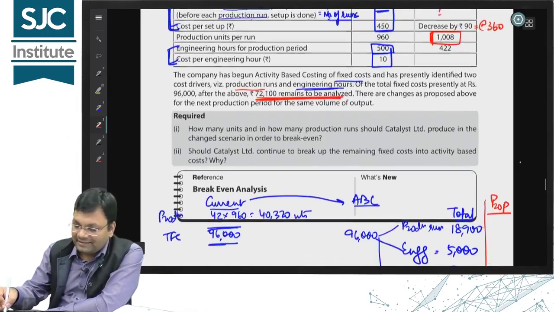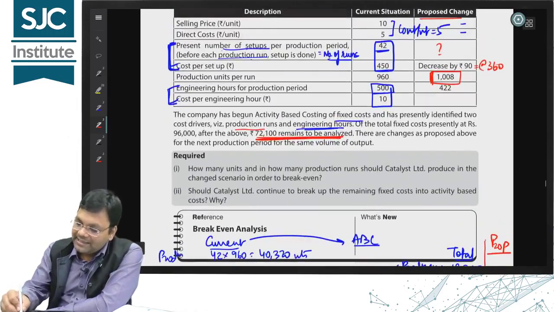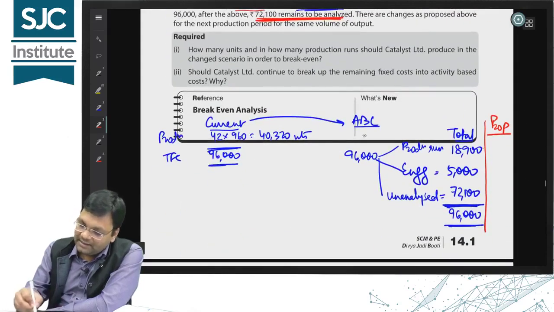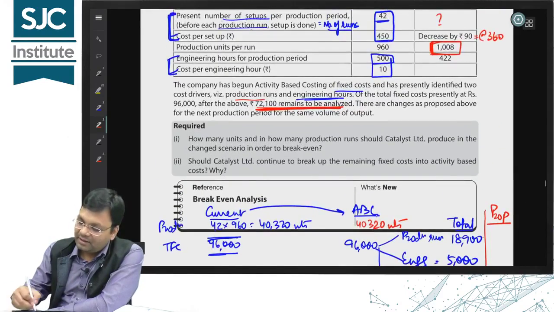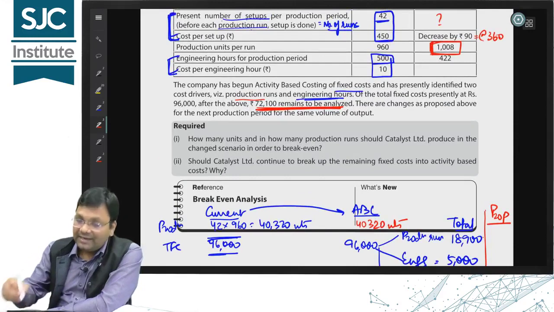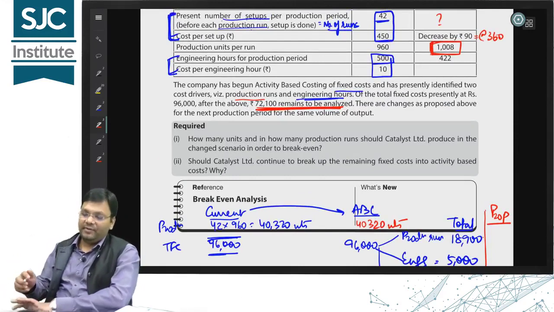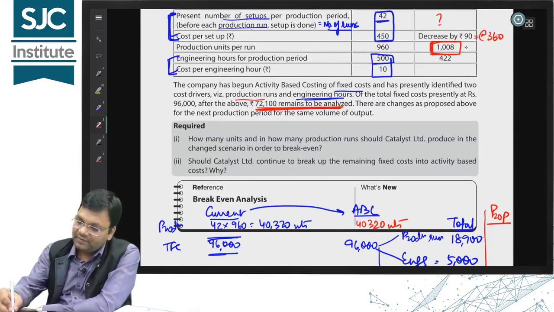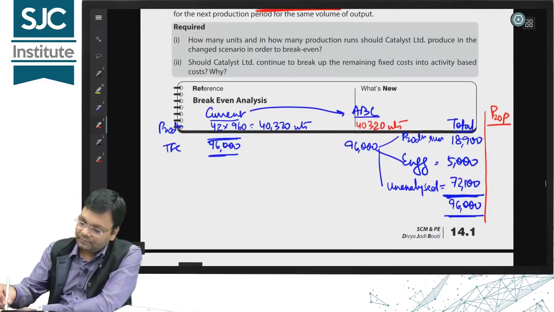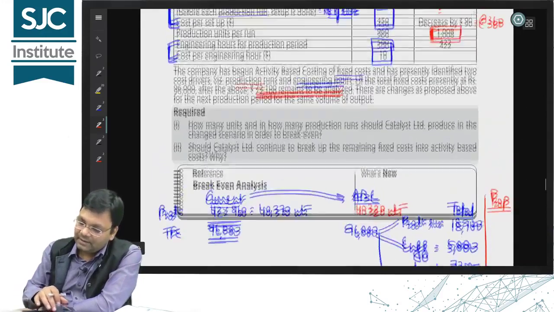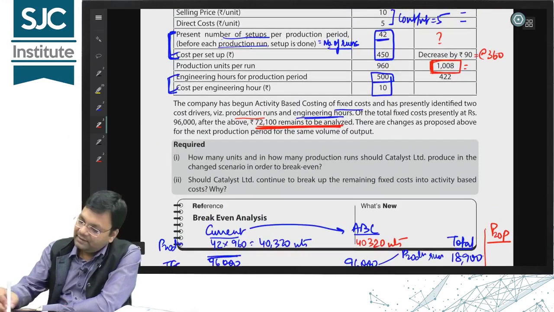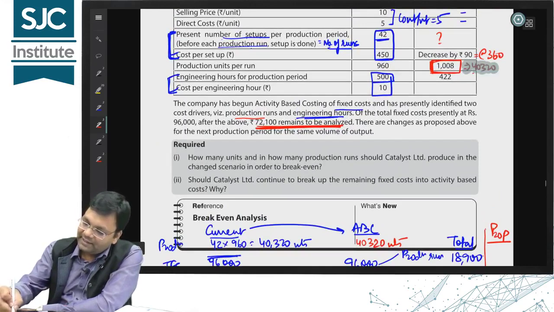They have not said that we are going to increase or decrease our total production, so we'll assume that here also 40,320 units will be produced, in runs of 1008. That means every time 1008 units will be produced in one run. So how many runs will there be? 40,320 divided by 1008. I am writing it here.